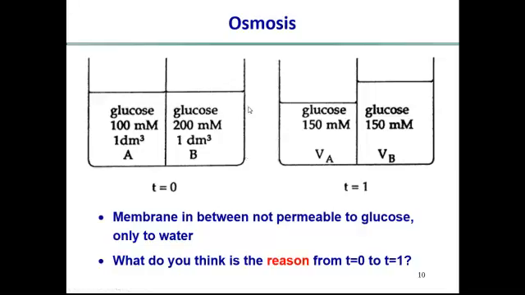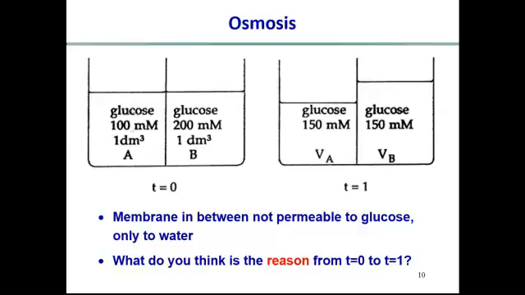The next one we would like to talk about is how the cell membrane transports water. We will start with the concept of osmosis. On the left side, you have a compartment separated by a membrane. This membrane is semipermeable. That means it's permeable to some molecules, but not to others.